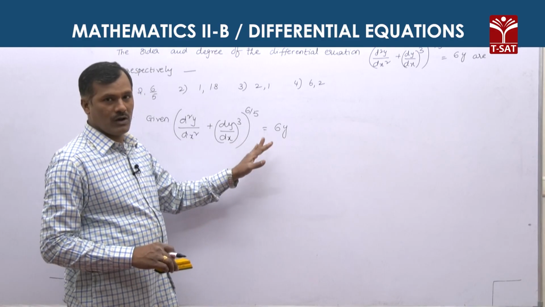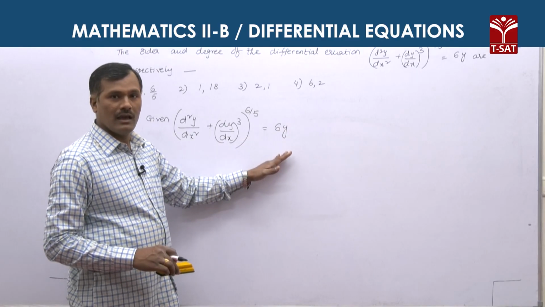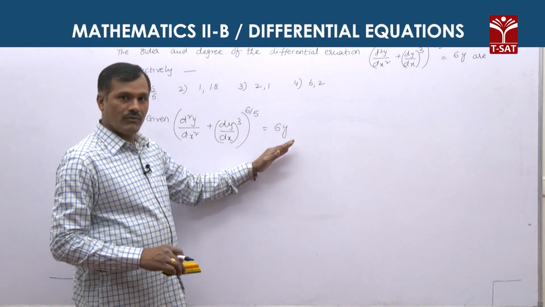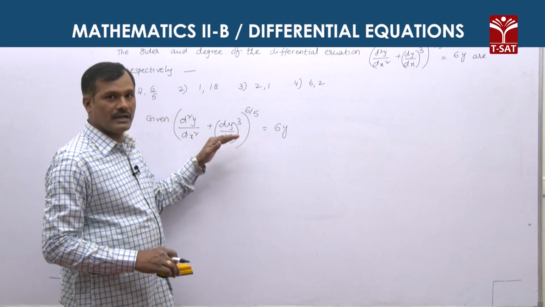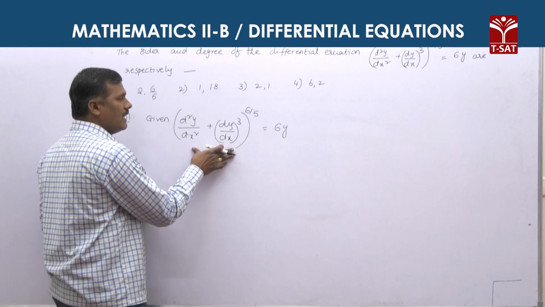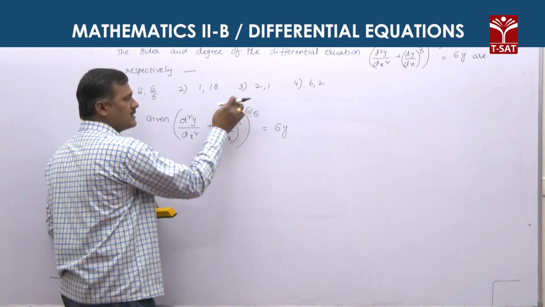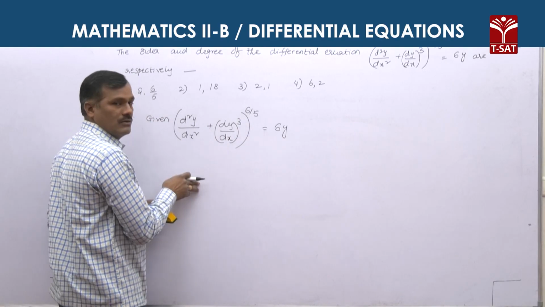Only small x, small y, these variables may contain root functions or fractions also. But differential coefficients should not contain fractions. So in left hand side, it is power 6 by 5. It is a fractional value.